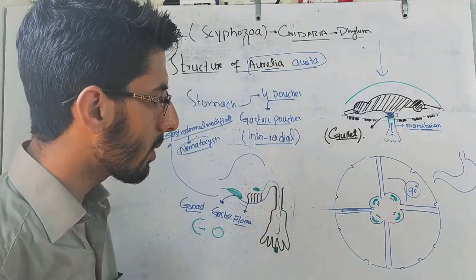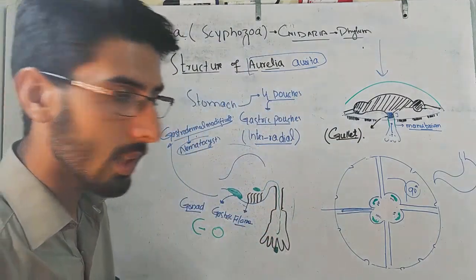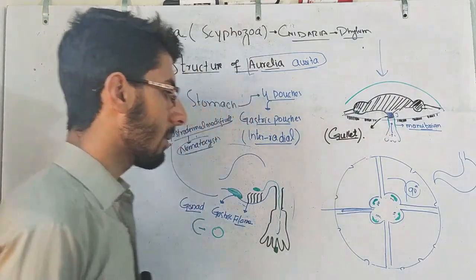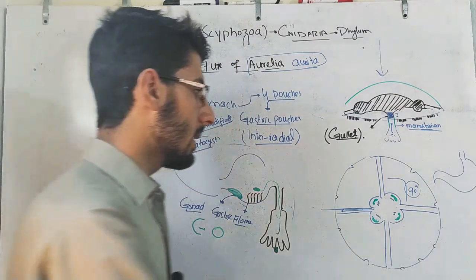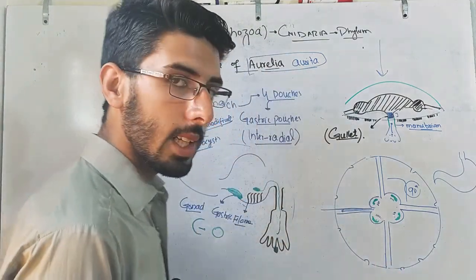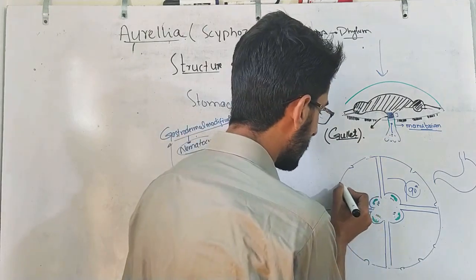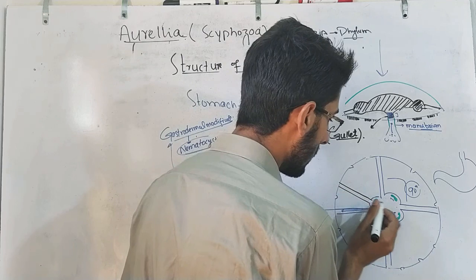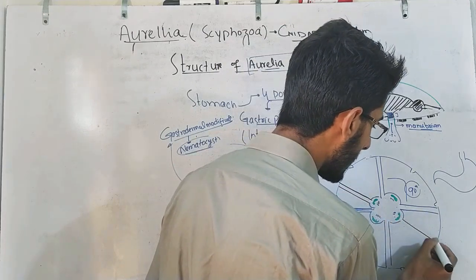If you remember the Hydromedusa, there were four radial canals, but the difference between the canals of Hydromedusa and Scyphomedusa is that beside these four radial canals, there will be four other canals.